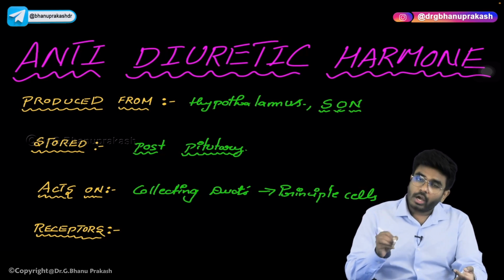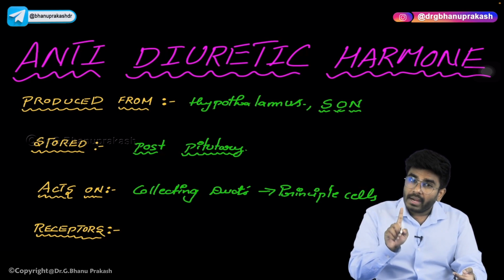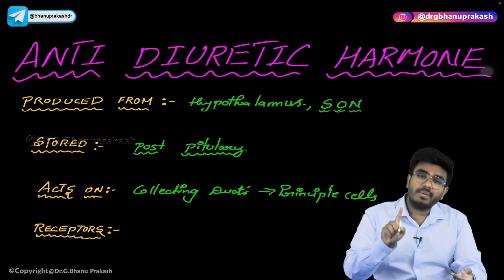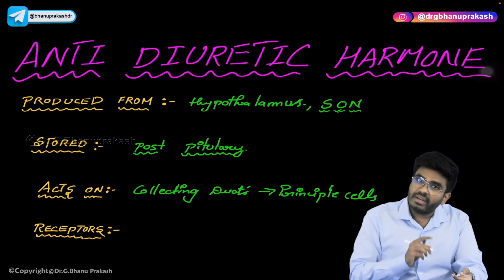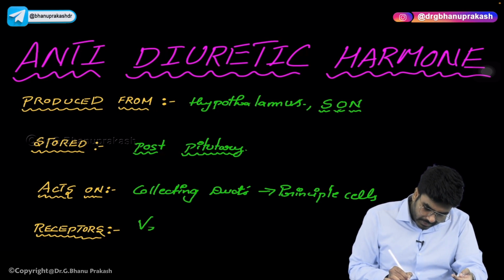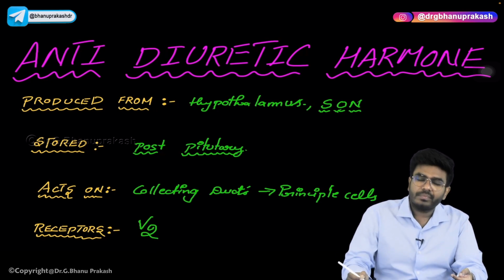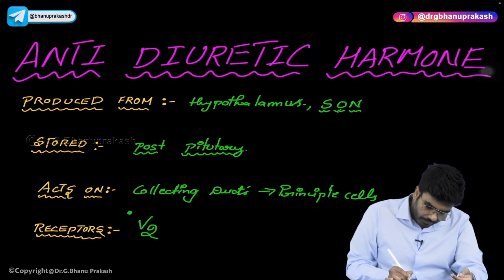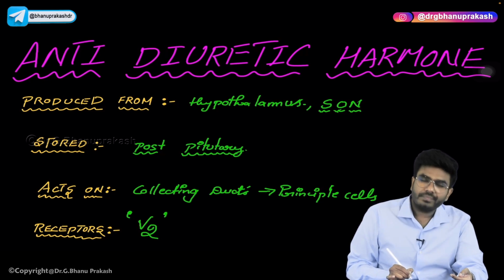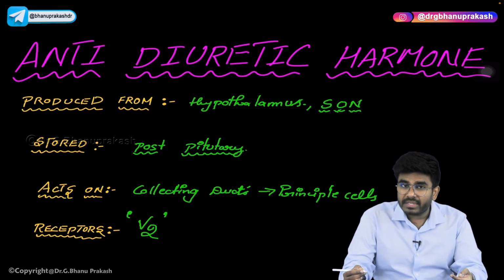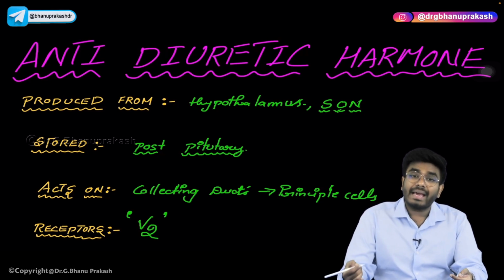So where is the receptor present? The receptor is present on the cell surface. The name of that receptor is the V2 receptor. So antidiuretic hormone acts on the V2 receptor, which is present on the collecting ducts.